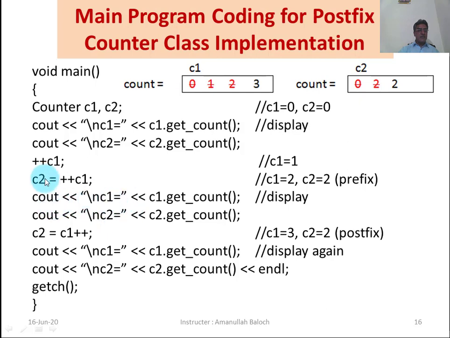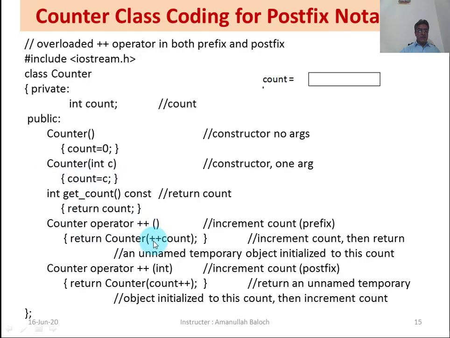Here we are again incrementing using C++, using the prefix notation and calling the prefix version of the increment operator from the class. C1 is calling, so here you may see this operator will be called. It will increment the count of C1, which contains the value 1.